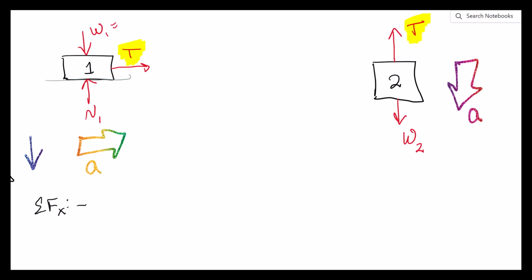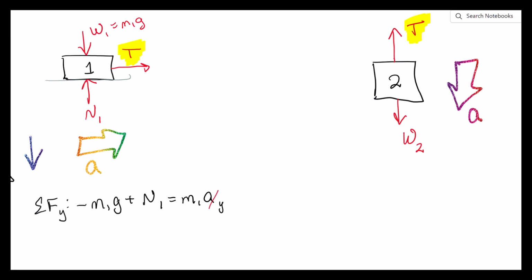Weight 1 is just mass 1 times gravity. So mass 1 times gravity plus the normal force is equal to mass 1 times the acceleration in the, nope, I did that all in y, so I'm just going to change this to y direction.